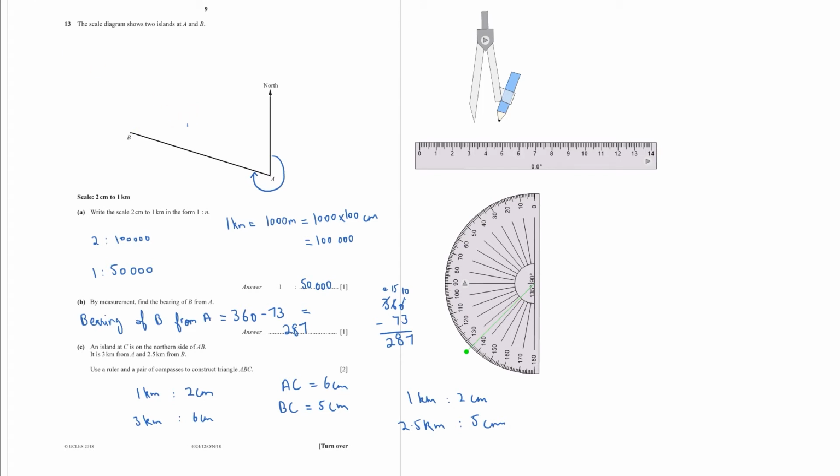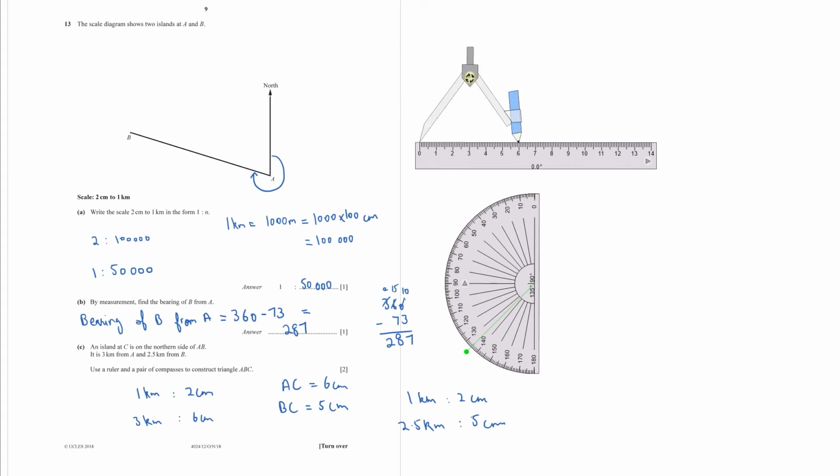So I can easily draw this using my compass and find the location of point C. So let's first start with A. AC is 6 centimeters. That means I will open up my compass to 6 centimeters. So this is about 6 centimeters.